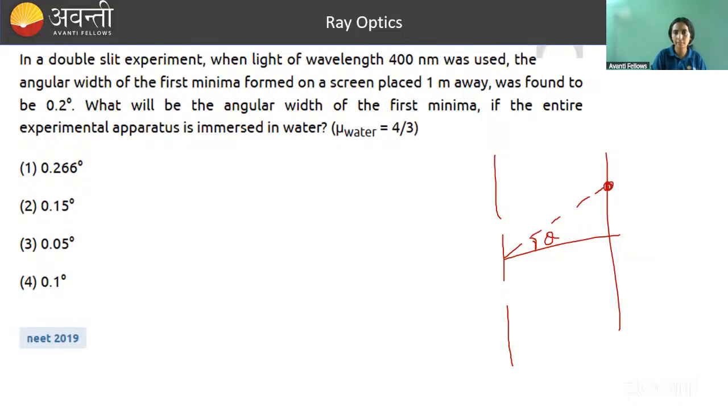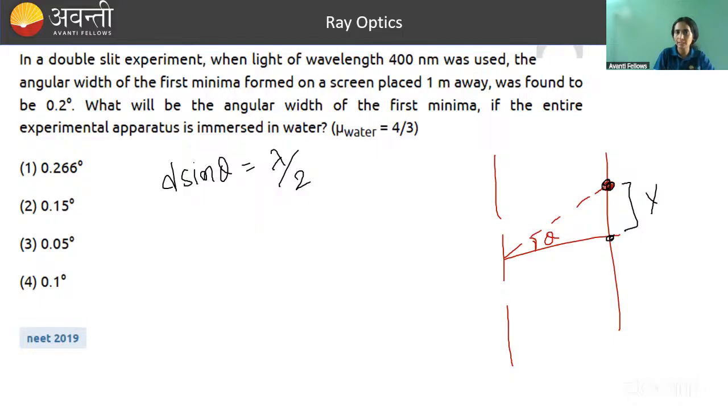First minima, let's say we are obtaining here. So from center, it is here. So this is the angular width of first minima. Let's say this is y. And for first minima, we know that d sine theta is equal to lambda by 2. ठीक है? Theta is small here, 0.2 degree.